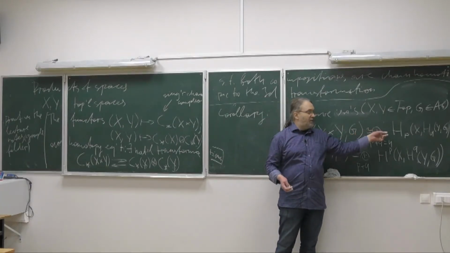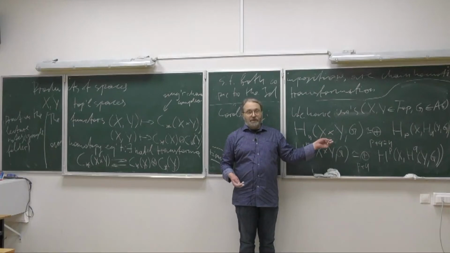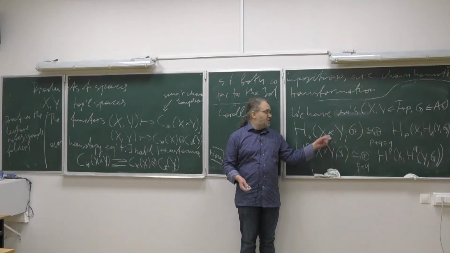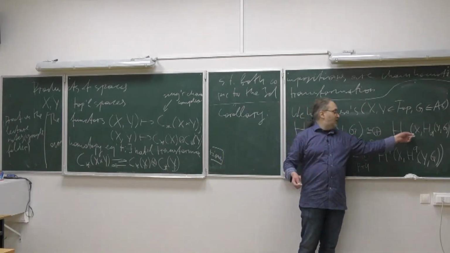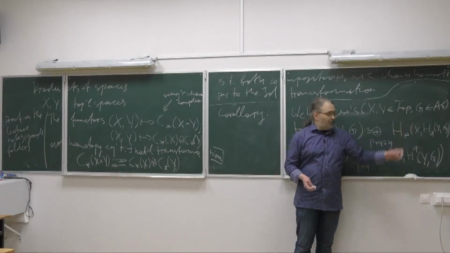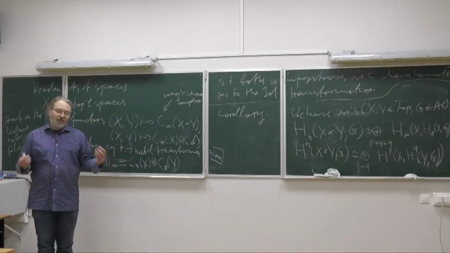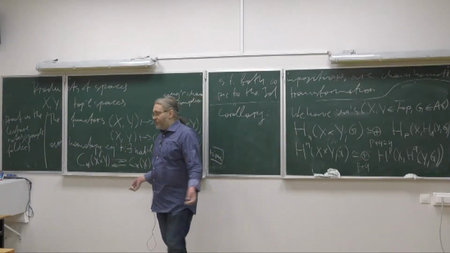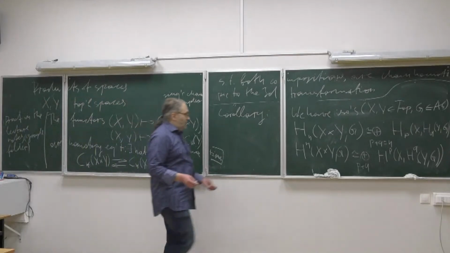My claim is there are these two isomorphisms which express the cohomology of X cross Y and the homology of X cross Y with coefficients in G in terms of the homology of X, respectively the cohomology of X, with coefficients in the homology of Y, respectively the cohomology of Y. Let's see an example.